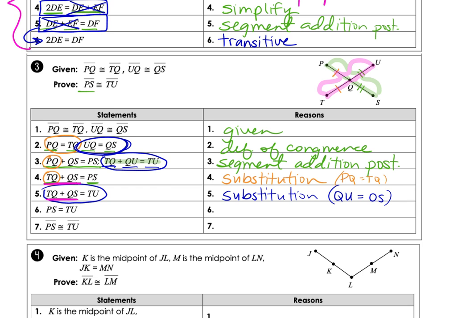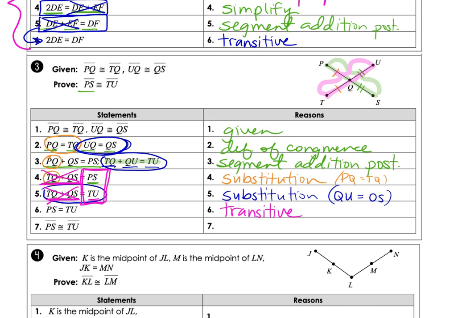TQ plus QU equals TU. So we substituted and we substituted, and now we took out the two in the middle that are the same. So PS equal to TU. If we take out these two things that are the same, we're left with this statement right here. That's the transitive property. Do you see it? These are getting trickier, huh?